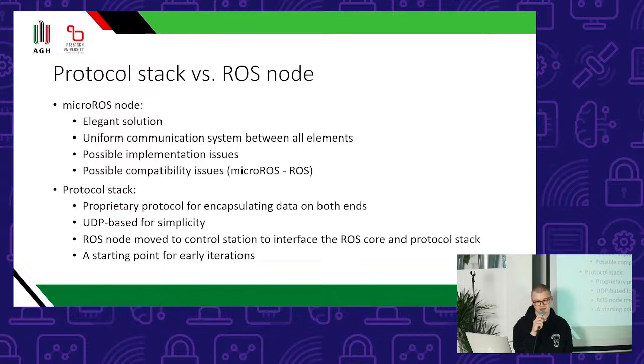So I would like to have the ROS node as well in our embedded software, as another block of the whole system. But there are some problems. ROS is written for Linux and runs on Linux exclusively, at least in its native version. We don't have Linux on our embedded system, so there is a way to connect this together. There is a port of ROS for microcontrollers known as micro-ROS.